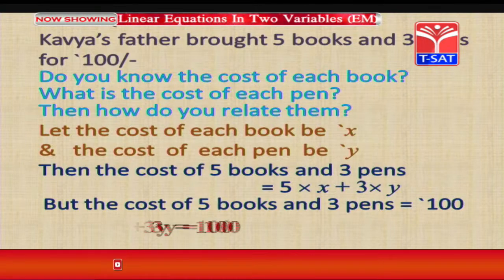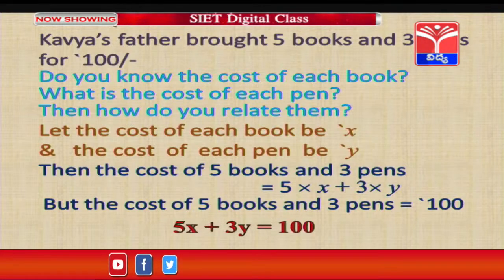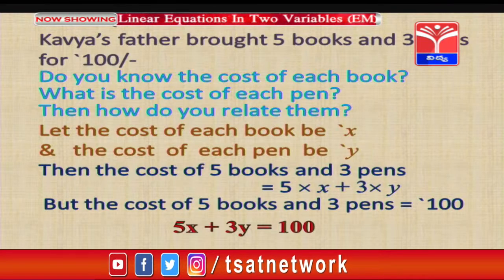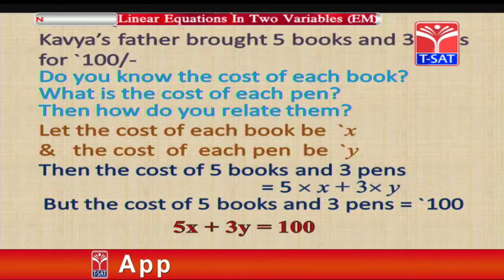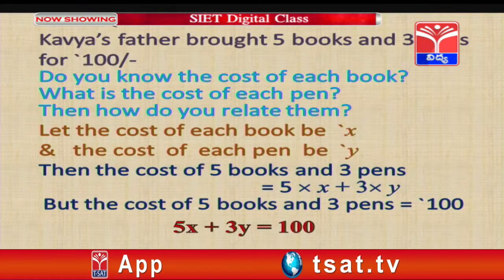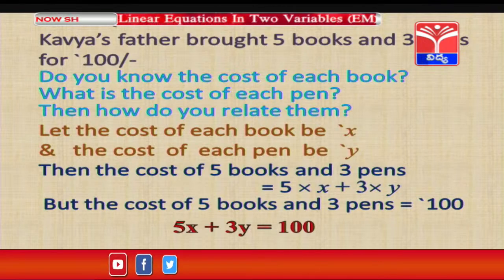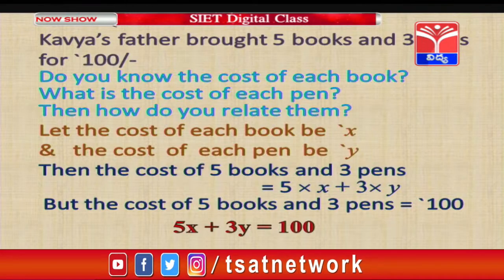Therefore, my equation is going to become 5x plus 3y is equal to 100. That means, x is the cost of each book, y is the cost of each pen. So, 5 books plus 3 pens equal to 100, which you are showing in equation form. We are getting the answer as 5x plus 3y is equal to 100.